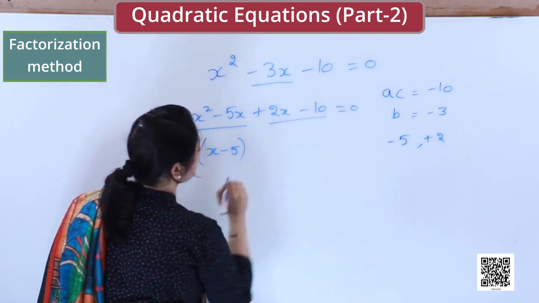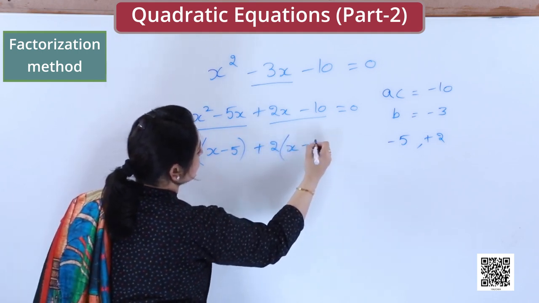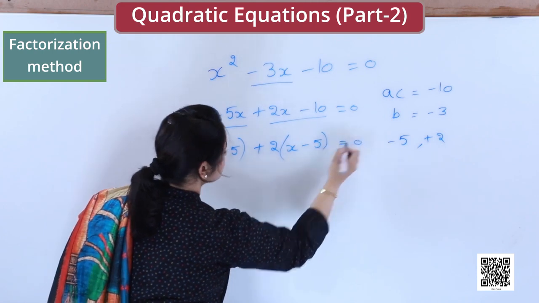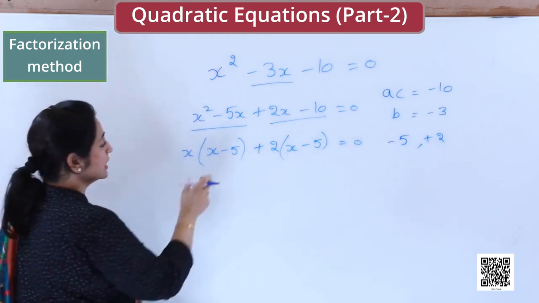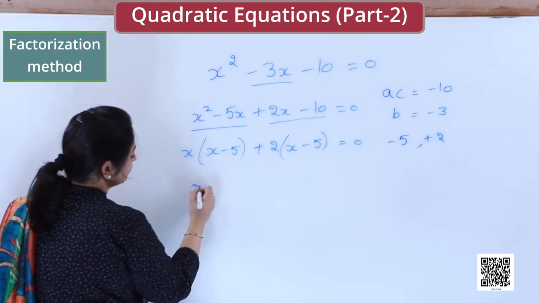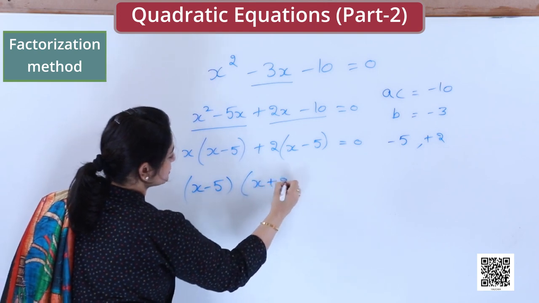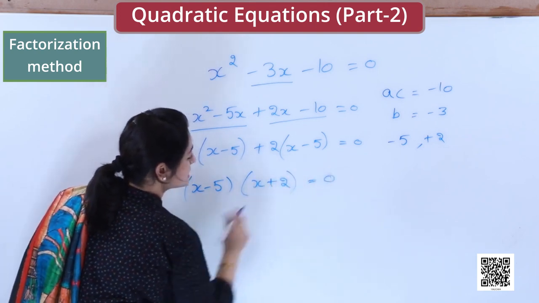Similarly, out of these two terms, we can take out 2, and in the bracket we will have x minus 5 equals to 0. So we must check here that these two brackets should be identical. So here we have, so we can take them as common, and in the next bracket we will have x plus 2 equals to 0.